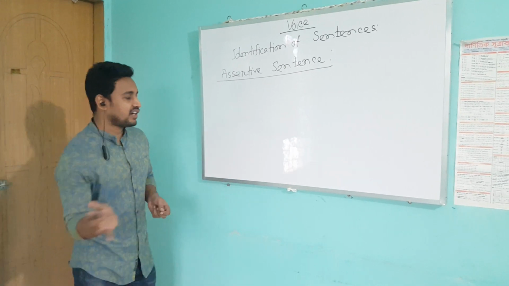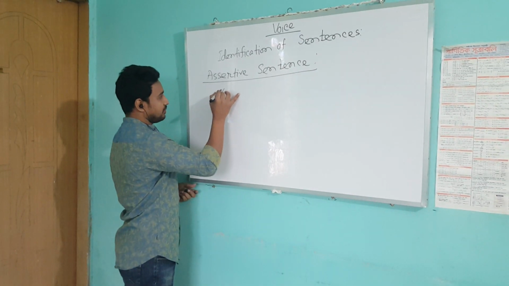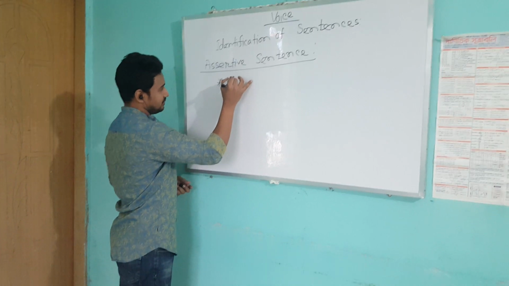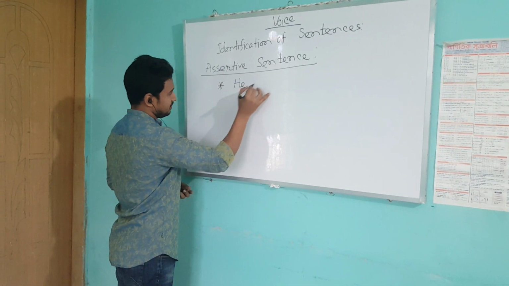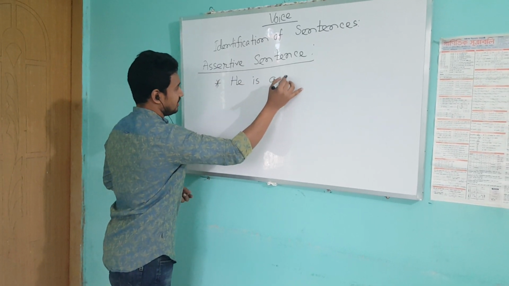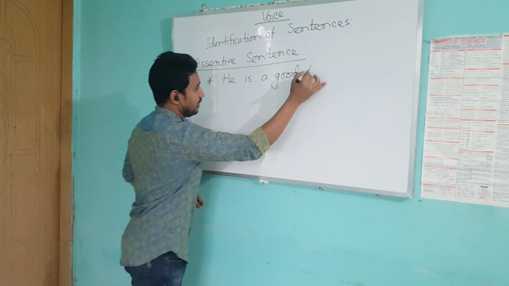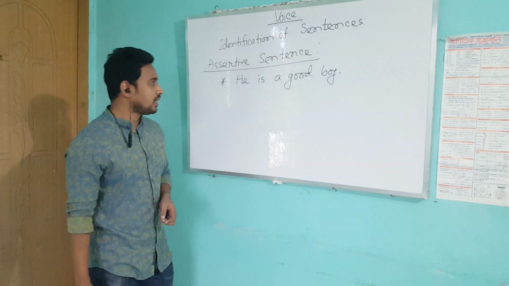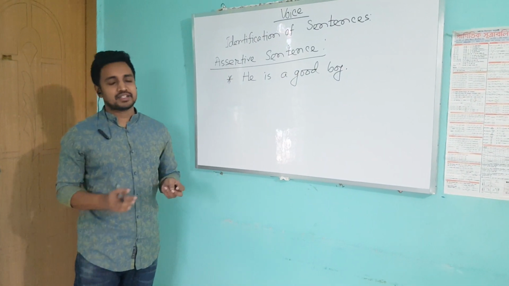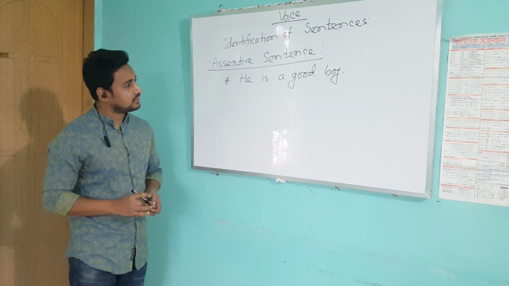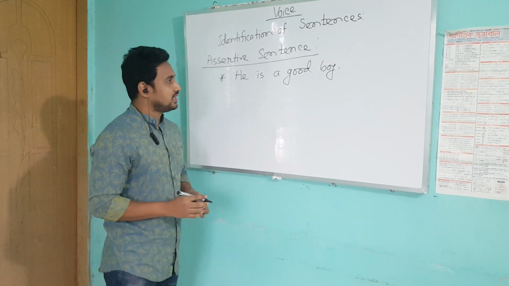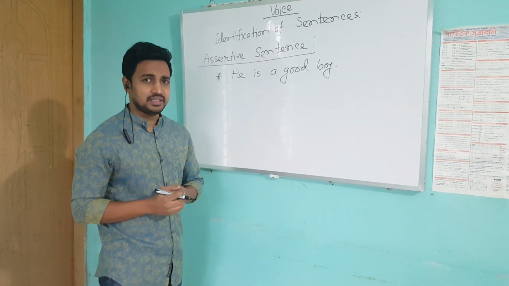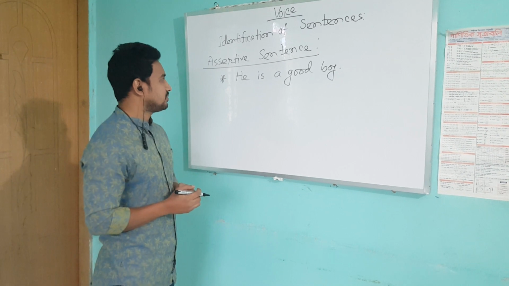Okay, let me clarify the thing. For example, he is a good boy. Look, we all know that it's an example of an assertive sentence. It actually expresses something. So what's the thing?